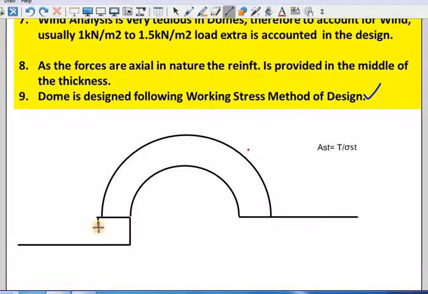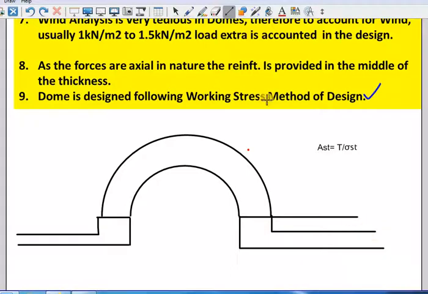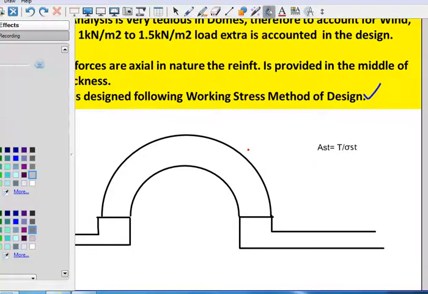Your dome will be resting on the beam actually. It is called the ring beam. This will be resting on the beams.